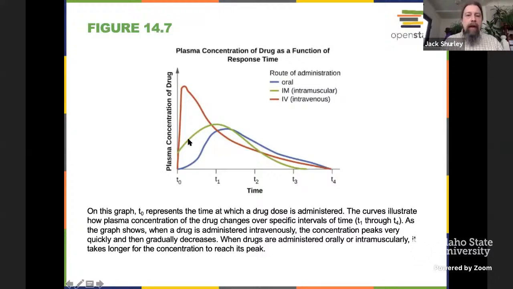So here, we've got a couple of different things on here. Plasma concentration on the y-axis, time on the x-axis, and it's all arbitrary right here. T0 is when you're given that drug, when it's first administered. And then we're looking at really how quickly it gets through the body, really thinking about getting to the source in the first place.